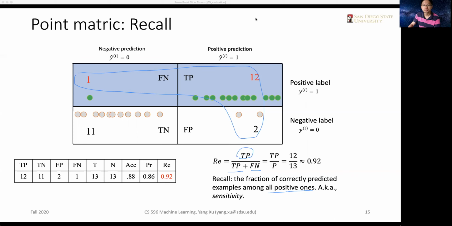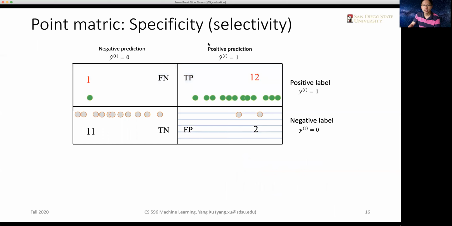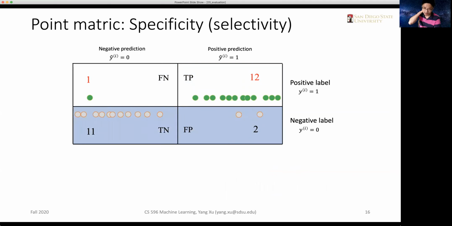And as a combination, let's first talk about this last section, which deals with the true negatives and the false positives.